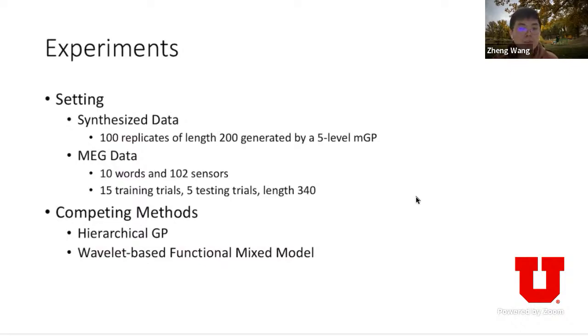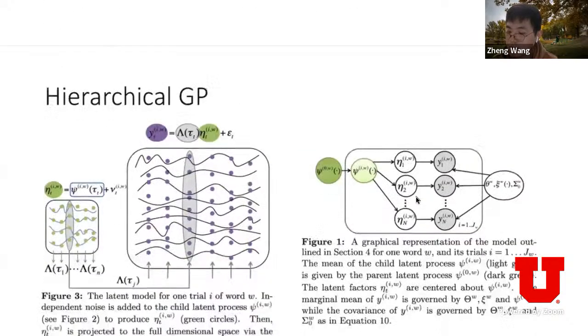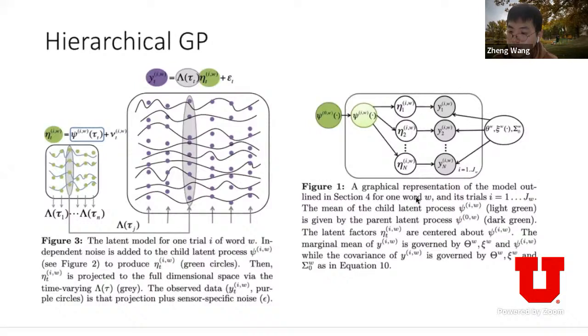And here I will also introduce their competing methods, hierarchical Gaussian process and wavelet-based functional mixed model. The hierarchical Gaussian process here is not a standard hierarchical GP. Before they got into the Gaussian process, they first model their data in a latent model.